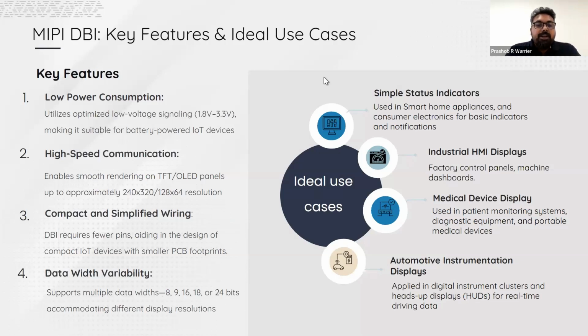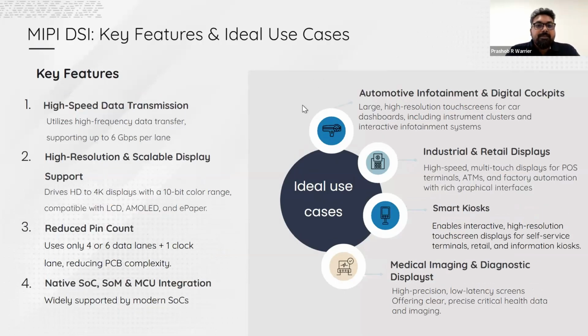Moving on to MIPI DSI. This is a high-speed, high-bandwidth interface method to communicate between the native SoCs and the display. It offers speeds of up to 6 Gbps per lane, and it also comes with high-resolution scalable display support. It can support from HD to 4K displays with a 10-bit color range.